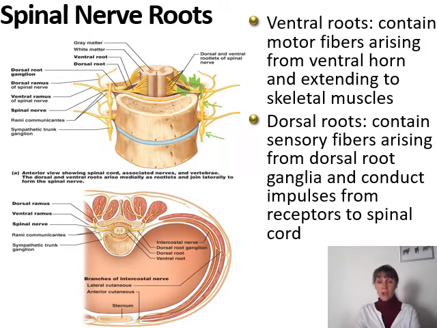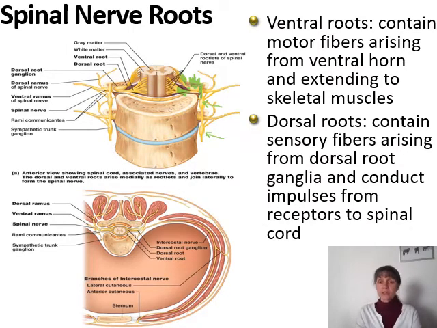Remember, they are lower motor neurons because there are only two neurons involved in skeletal muscle contraction. We have an upper motor neuron that has its soma in the primary motor cortex, which is going to have an axon that goes down the length of the spinal cord, usually crossing to the other side of the body, to synapse with a lower motor neuron.